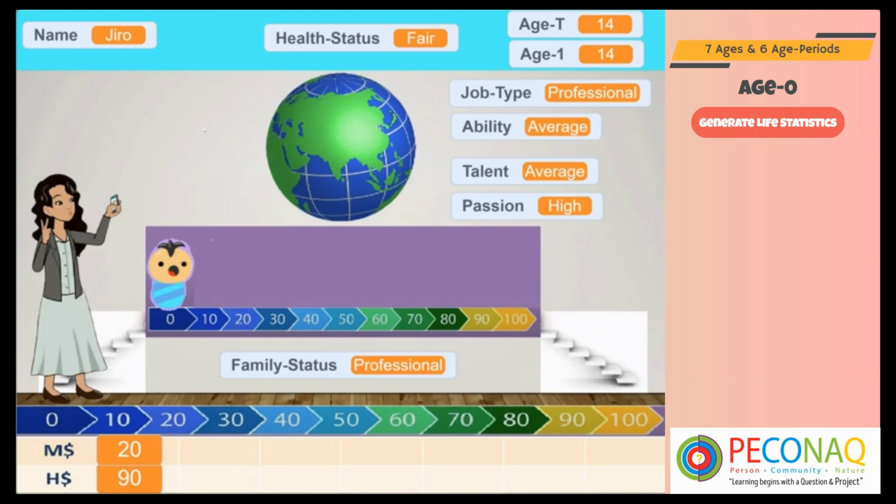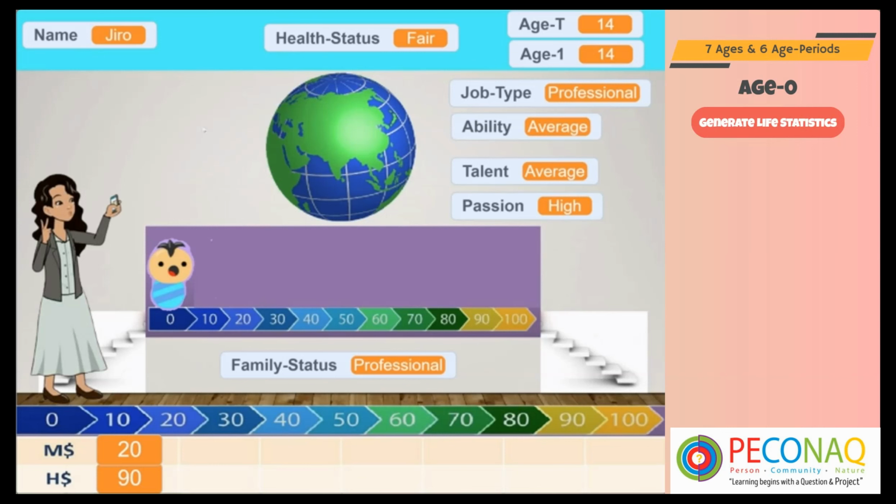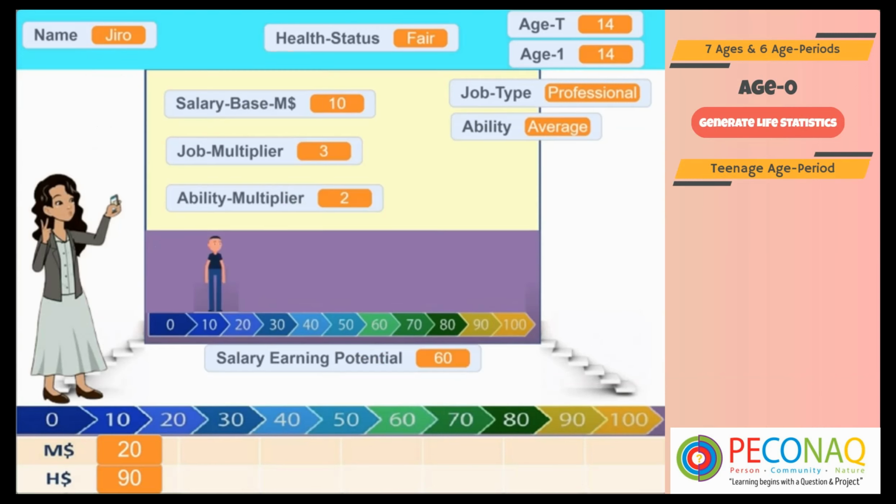You have average talent and have high passion in whatever you do. You are 14 years old in this period. Your health status is fair and you have 90 health points in your health points account. And then the whining schoolboy with his satchel and shining morning face creeping like snail unwillingly to school.